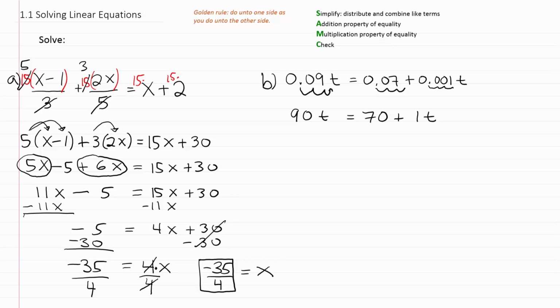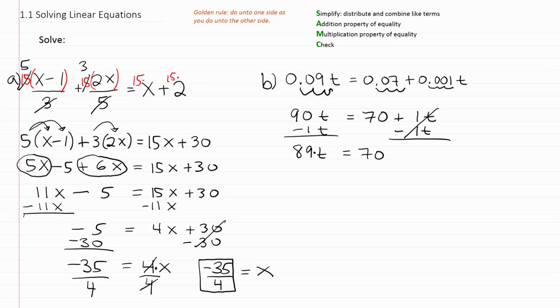We just have to apply the addition property of equality because there's nothing to simplify. So I'll subtract 1t from both sides, and that'll give me 89t is equal to just 70 because these cancel out. Then finally, I want to get the t by itself, and that 89 is attached to t using multiplication.